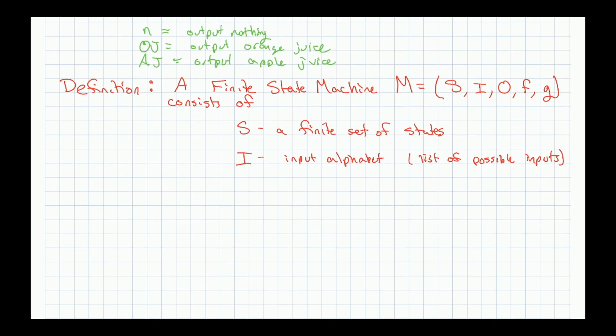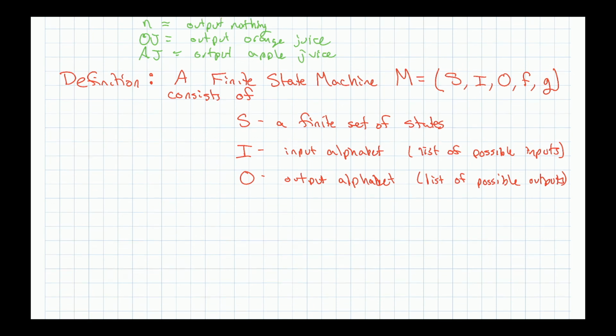All right. Now we got O. That's going to be the output. Do they call it an alphabet? Probably. That's going to be the list of possible outputs. And then we got these F and G. So F and G are probably what confused you.